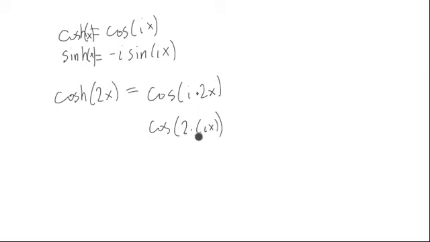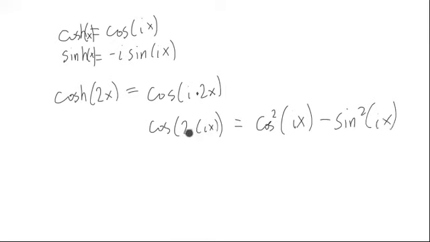So cosine of 2 times ix, we can use an identity for this, which is cosine squared of ix minus sine squared of ix.